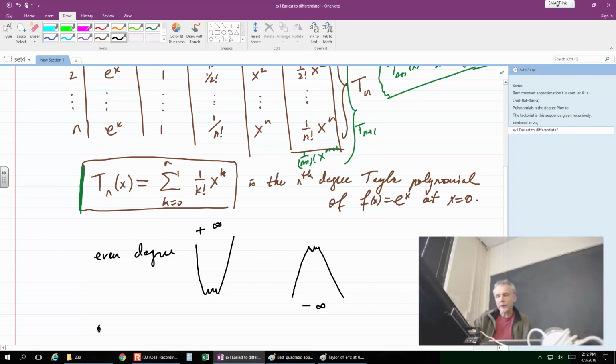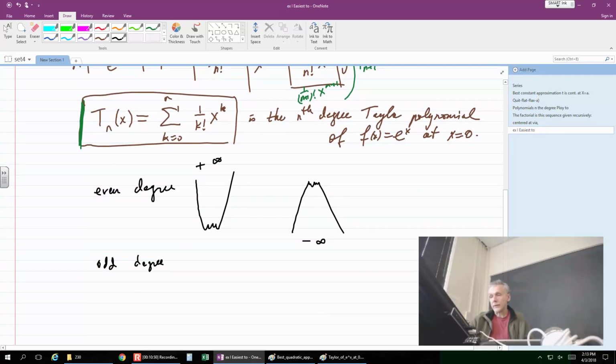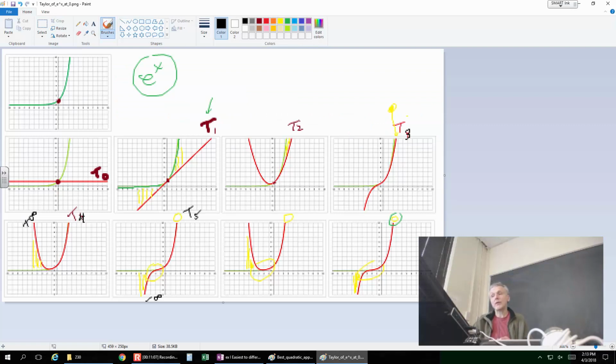With odd degree, it is not the opposite, but rather the infinities are different. So odd degree would behave like this or like that. It might have many x-intercepts in the middle. It doesn't matter. Large scale behavior, that's what it looks like. It goes from one infinity to the other. And that's what you see in this picture.